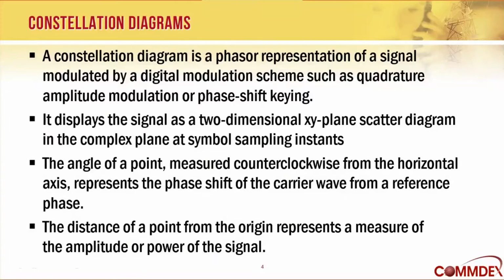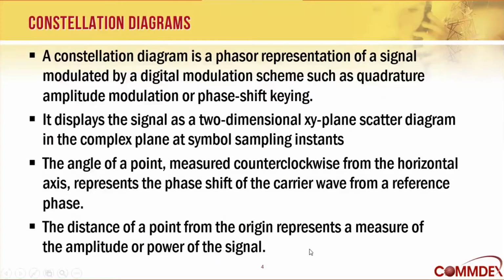So we use an XY plane scatter diagram in the complex plane to show the various modulation points in our particular form of digital modulation, where the angle represents the phase shift and the length or the distance from the origin point represents the amplitude.